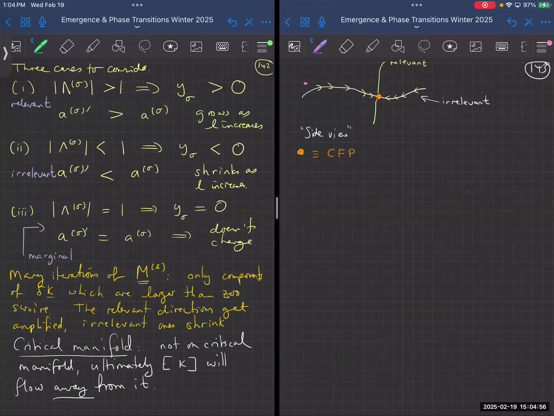Well, we know ultimately the flows from here are going to go outwards along the relevant direction. So here's the relevant direction. The flows are going away from the critical fixed point like that. So the only way that I can make this a continuous flow diagram is if the trajectories look something like this.